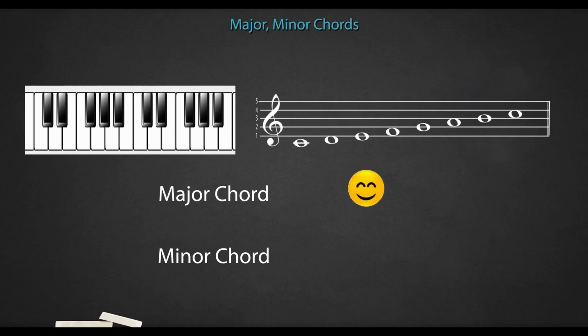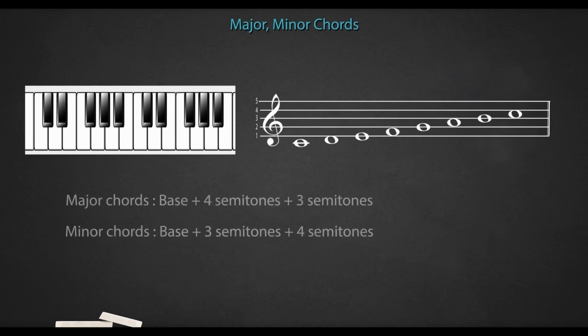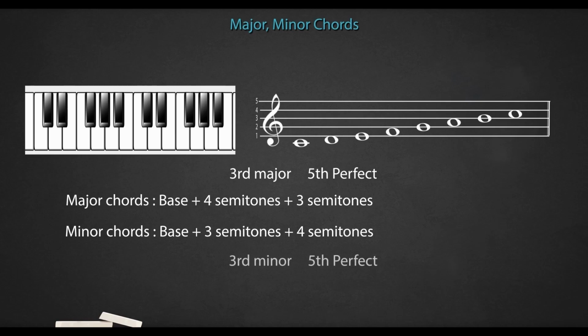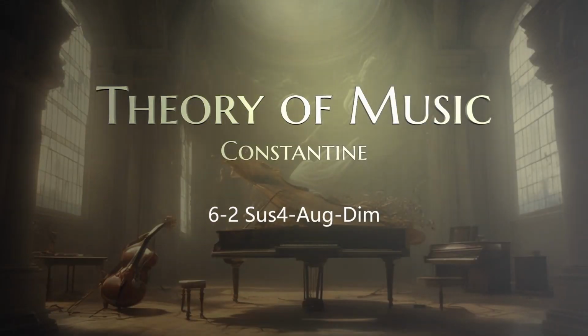So, the major chords are happy, while the minor ones are sad. So, let's sum it up here. With first, third major, fifth perfect, I have a major chord. With first, third minor, and fifth perfect, I have a minor chord.